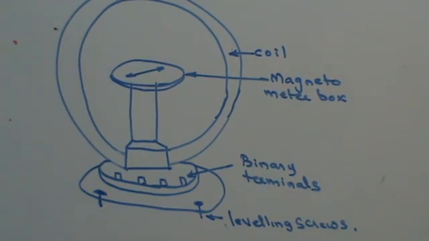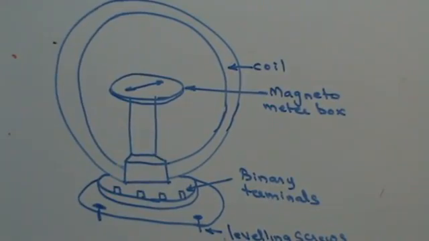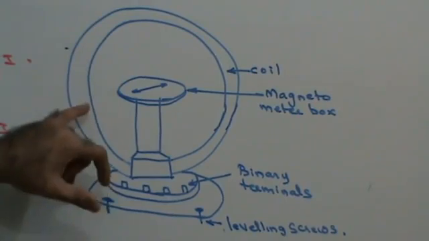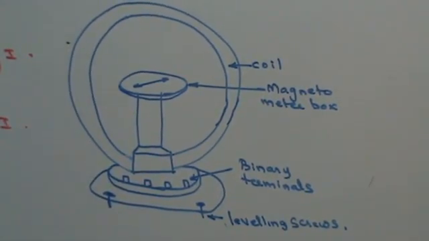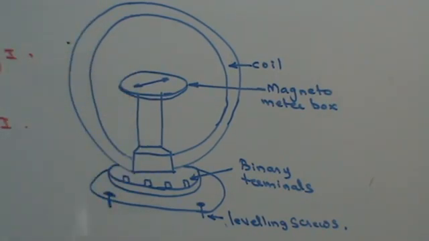A tangent galvanometer, as you can see from the diagram, consists of a circular coil of insulated wire which is wound on a non-magnetic frame. So, this is your non-magnetic frame on which you have this coil that is wound.